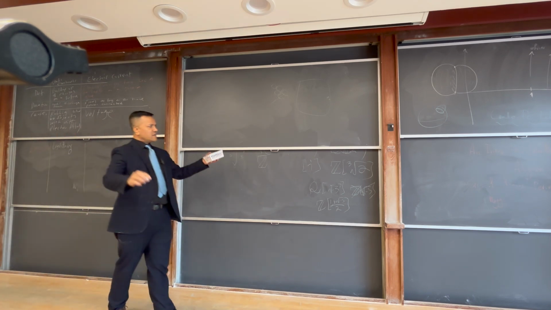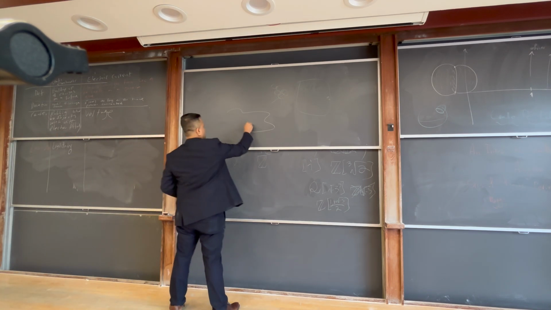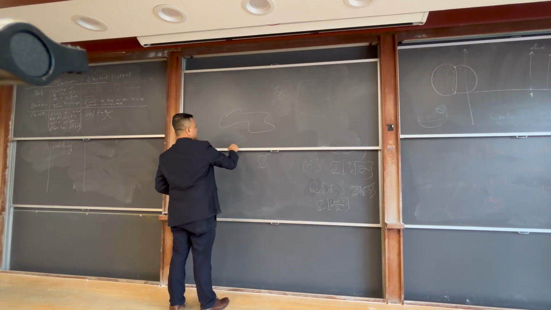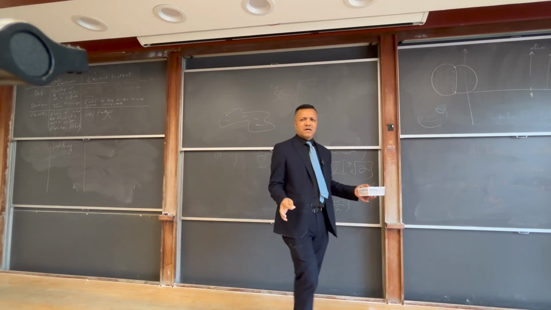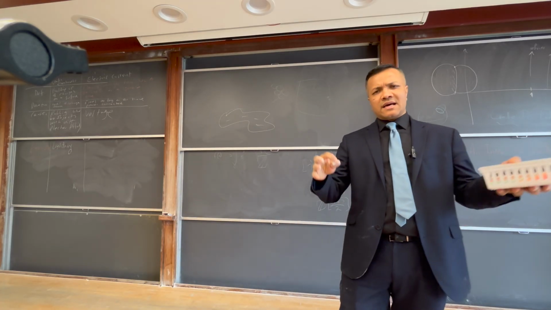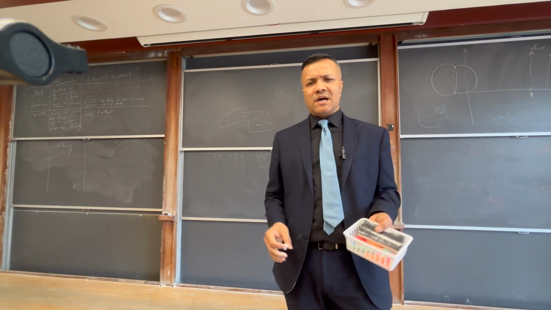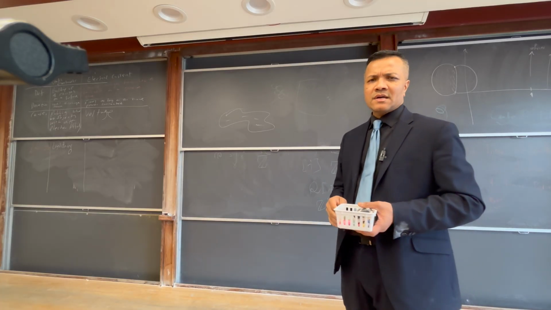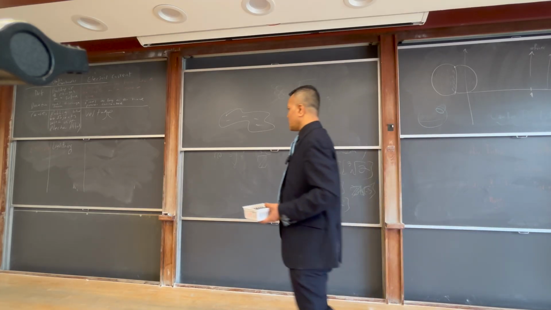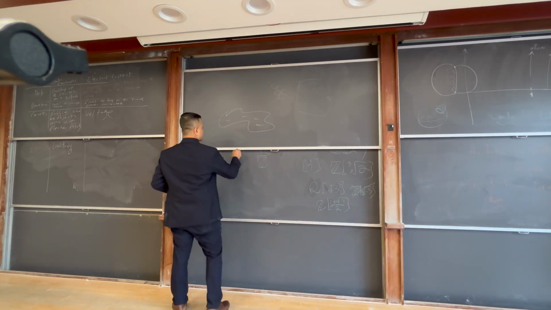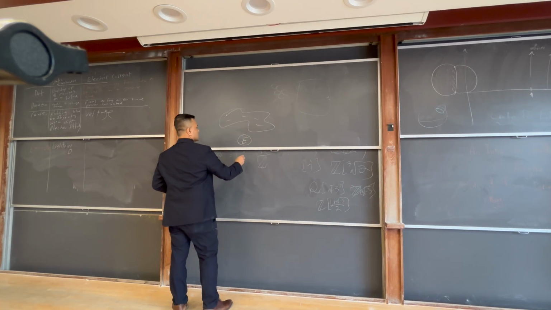You have a cloud, right? So the cloud is negatively charged. If it accumulates lots of negative charge in the cloud, then it gets grounded with the earth.